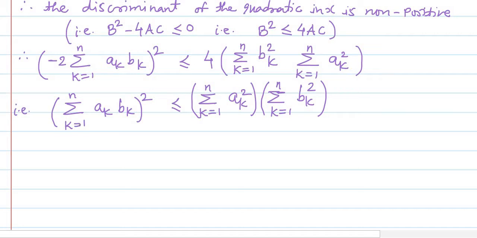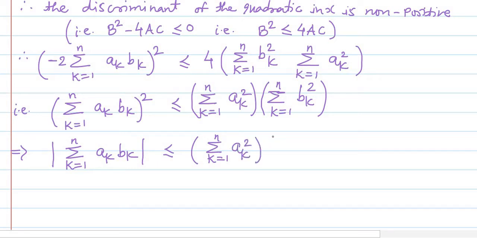Taking positive square root of both sides, we'll get modulus of summation over k equal to 1 to n ak into bk is less than equal to summation over k equal to 1 to n ak square, whole raised to 1 by 2 power, into summation over k equal to 1 to n bk square, whole raised to 1 by 2 power.